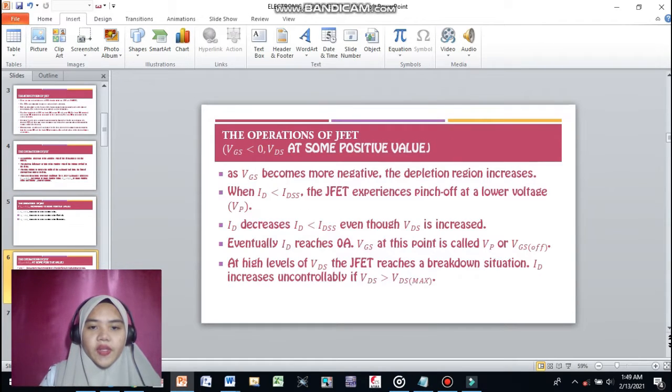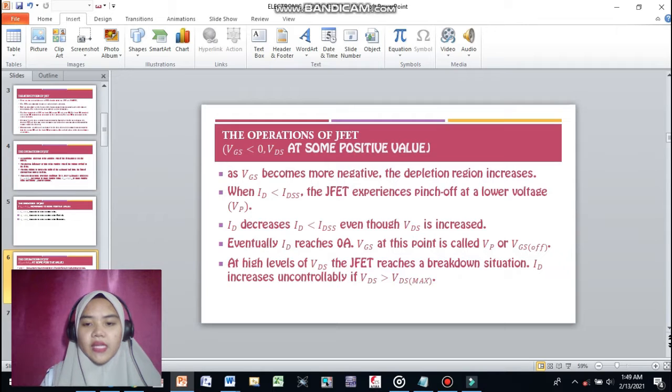The operation of JFET at VGS lower than 0, VDS at some positive value. As VGS becomes more negative, the depletion region increases. When ID is lower than IDSS, the JFET experiences pinch-off at a lower voltage VP. ID decreases, ID lower than IDSS.